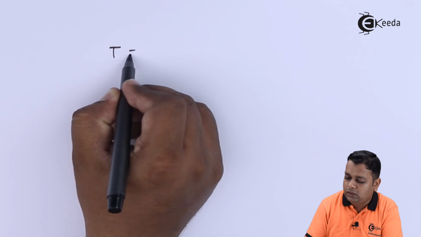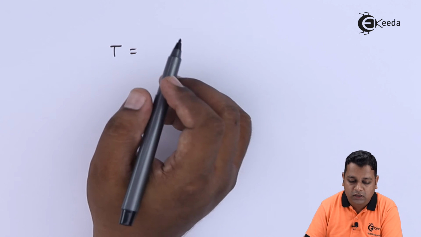Now we have just formulated the cyclotron angular frequency. You all very well know the relationship between frequency and time period. So for the circular path there will be a time period, which can be denoted by capital T. Capital T can also be expressed in mathematical form.